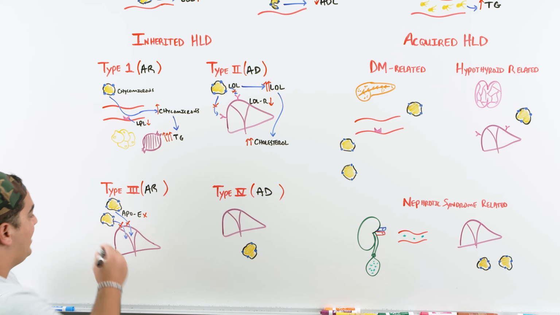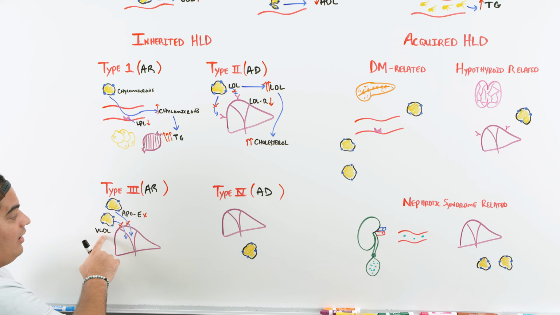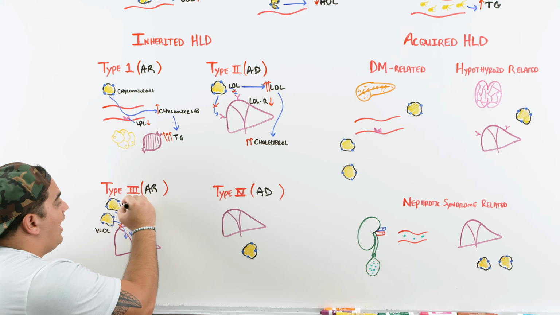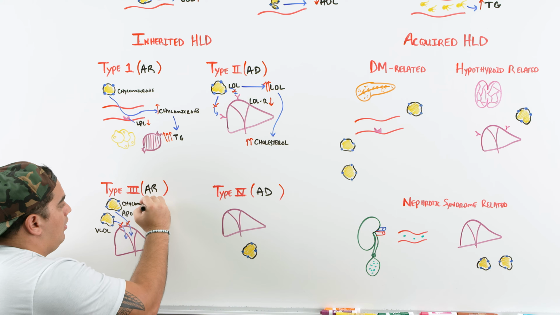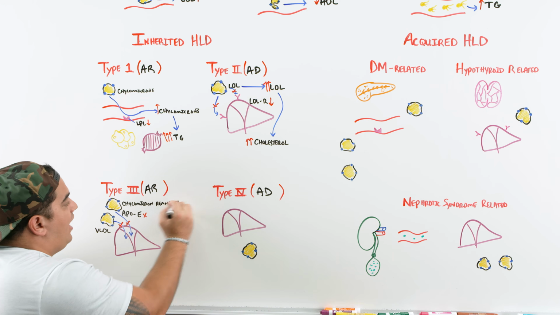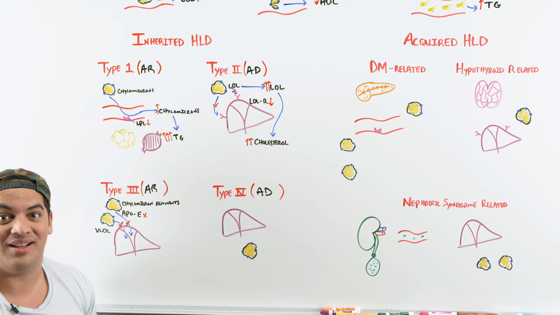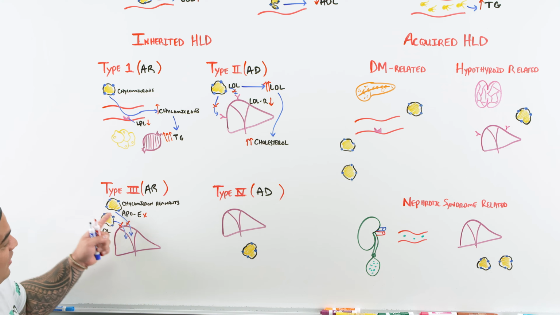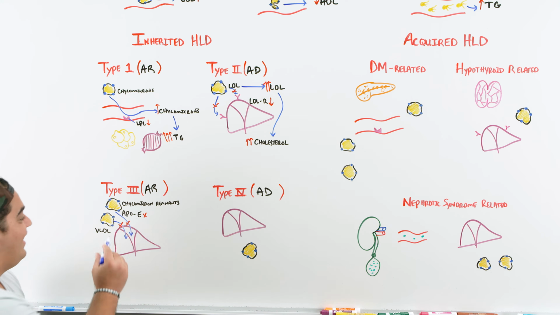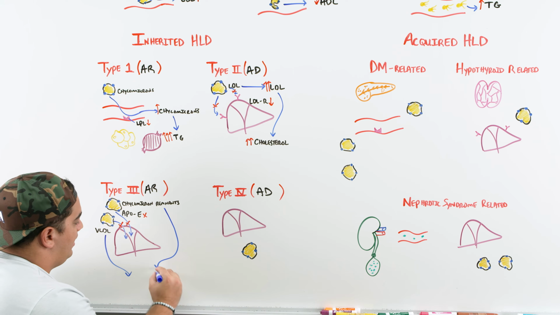So what ends up happening is you have these things called VLDLs, which carry lots of triglycerides and cholesterol, and chylomicron remnants, which carry lots of cholesterol, but really lots of triglycerides. Because you can't take these bad boys in, guess what ends up happening? You end up accumulating things like these.